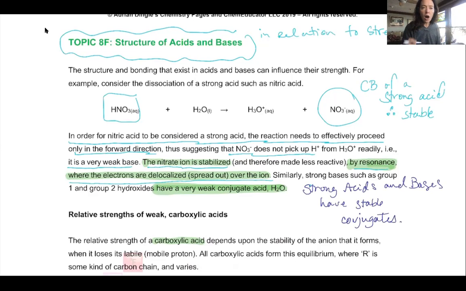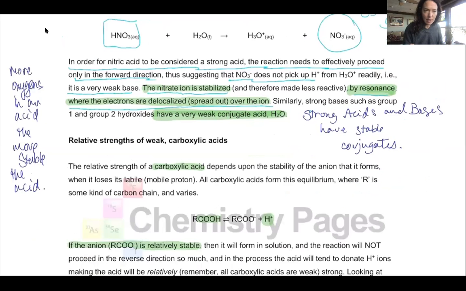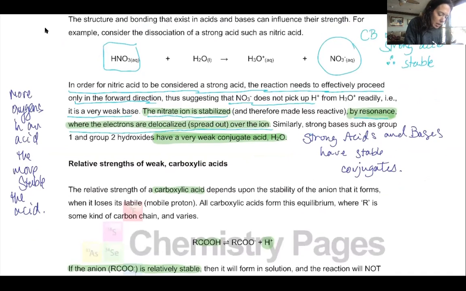The more oxygens in the acid, the more stable the conjugate base. I should probably get my own paper, is what I'm realizing. Oxygens are very electronegative, so the conjugate base, when it has a lot of oxygens, is stable with that negative charge.